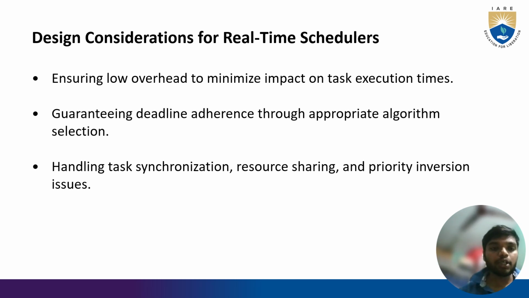Preemptive real-time scheduling. Preemption allows a high priority task to interrupt a low priority one. How it works: each task has a priority. The scheduler runs on a timer interrupt. If a higher priority task becomes ready, swap contexts.